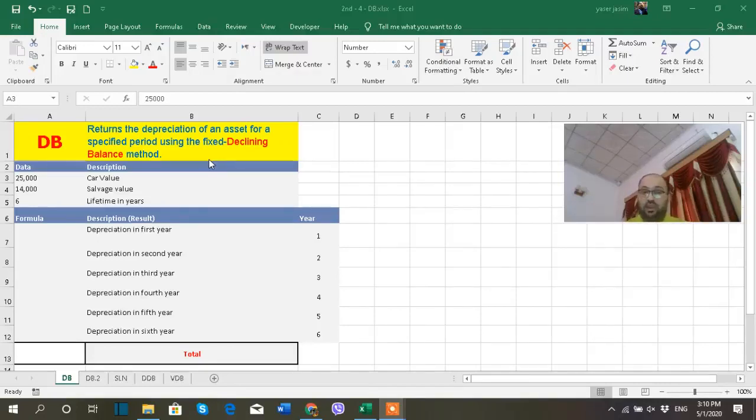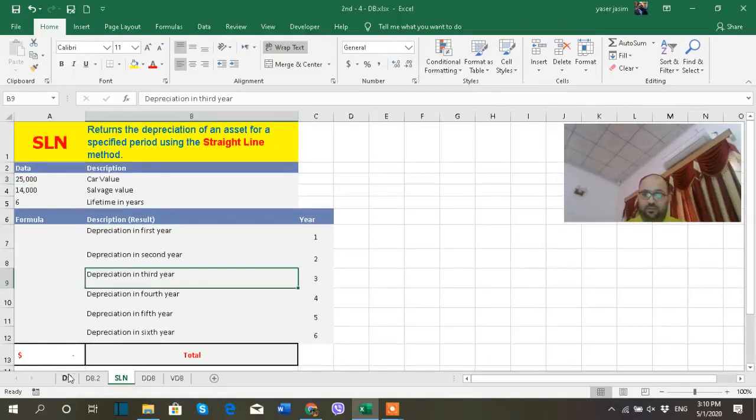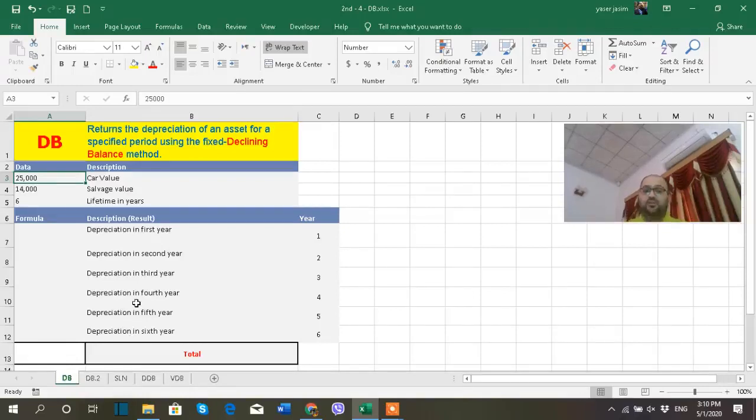We have the straight line method, which we're going to use in the SLN function. We also have the double declining, which is in the DDB. And we have the variable declining balance method, which also depends on the DDB, double declining balance.